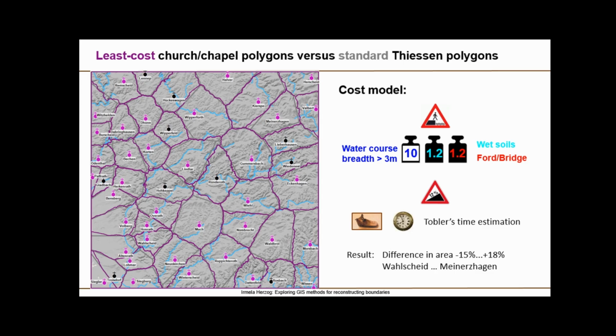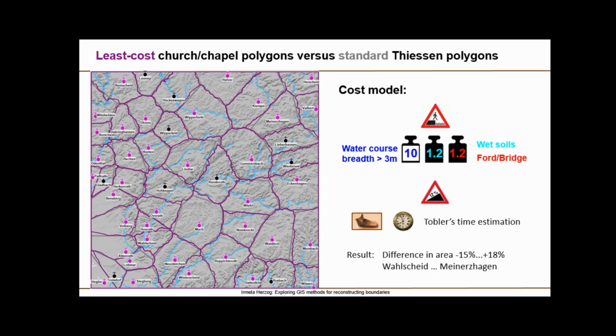These are the weights attributed to each of the cost components, and I just took Tobler's time estimation function. I could have taken other ones, but I thought maybe attending church is walking more than going by vehicles.